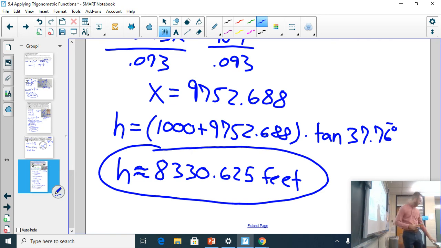And I'm just going to check the book to make sure that's where we got. And we're about in that range. It's not exact, but that'll get you there.